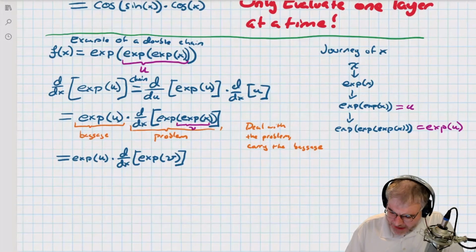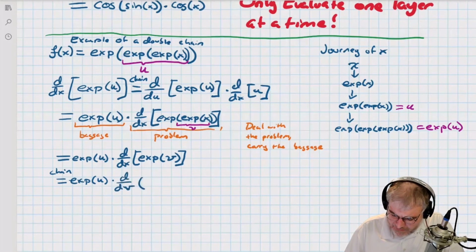Okay, carry my baggage and apply the chain rule. This is baggage. Now I apply the chain rule. So I've got d over dv of exp of v times d over dx of v.